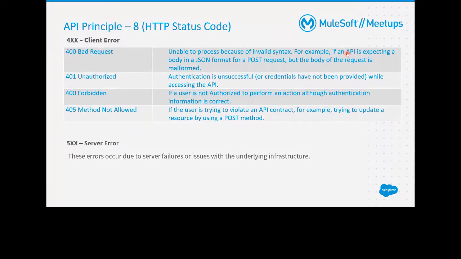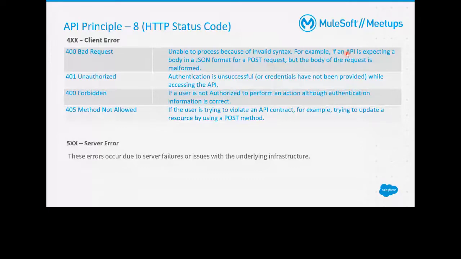Now, what about 401? It is unauthorized. Authentication is unsuccessful while accessing the API. Let's say you haven't passed the credentials that are needed for accessing that API. Then you will get 401 unauthorized. Now 403 forbidden is when you are passing the actual authentication information, but you are not authorized to do that work.